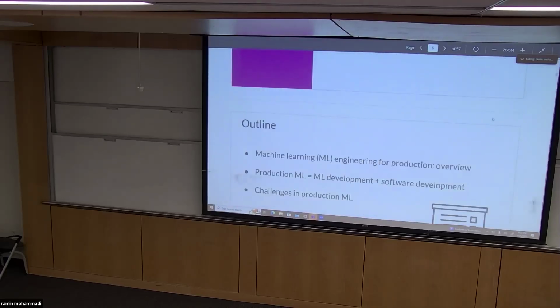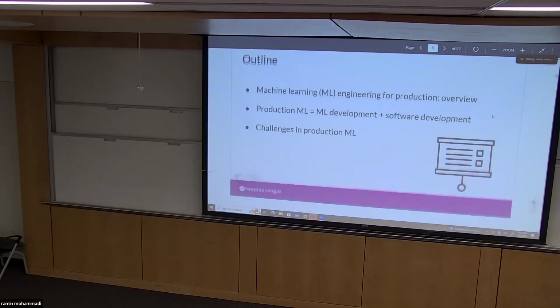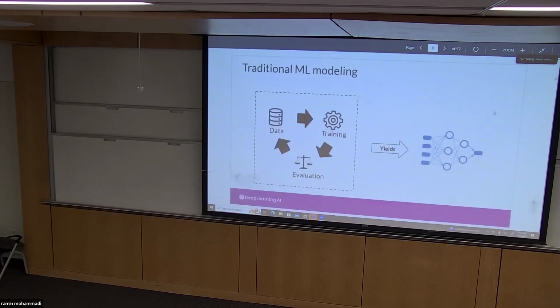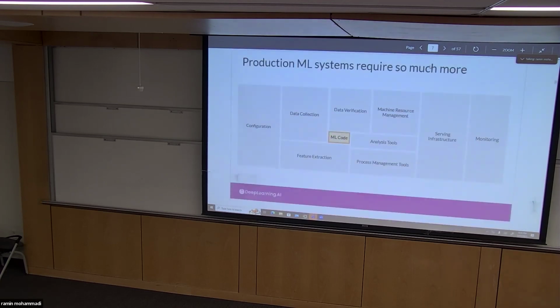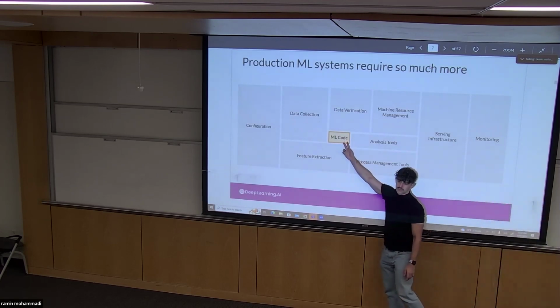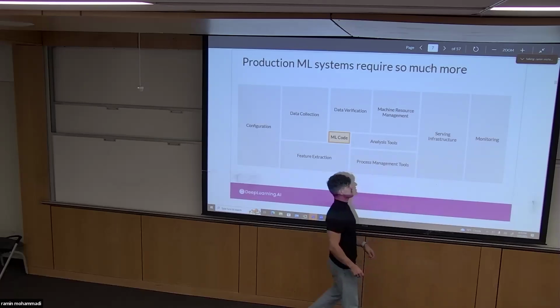The traditional ML pipeline so far has been that you have data, training, and evaluation, and that gives you a model. That was the traditional ML architecture. And we have talked about this: in reality, in ML production, that piece is only a small part of the project.